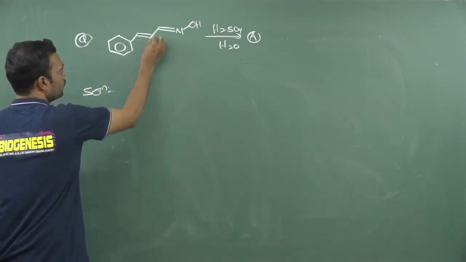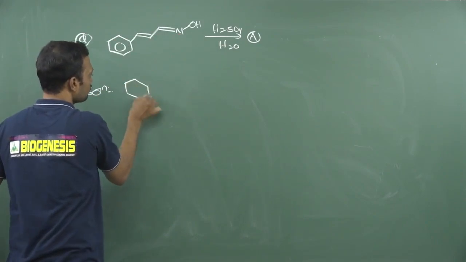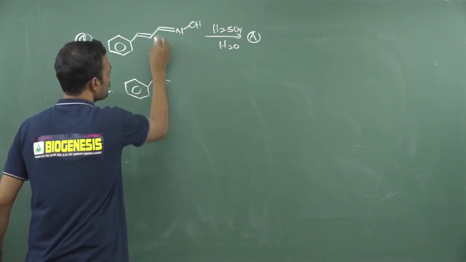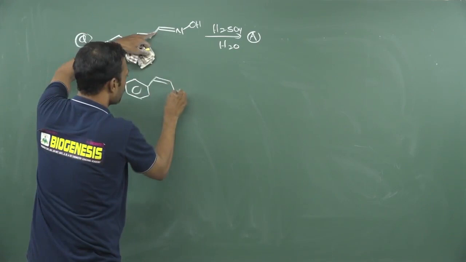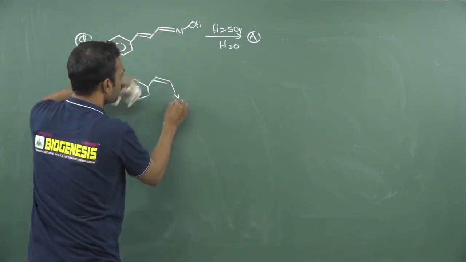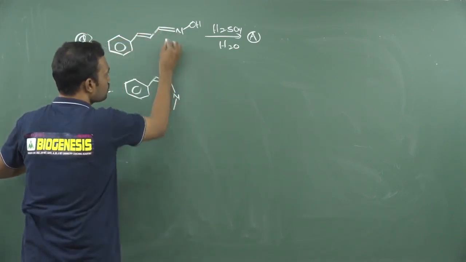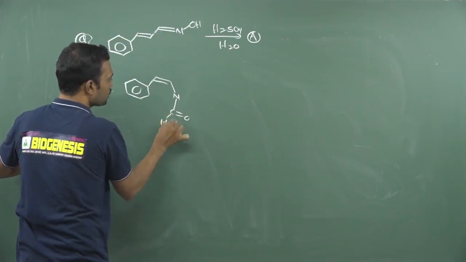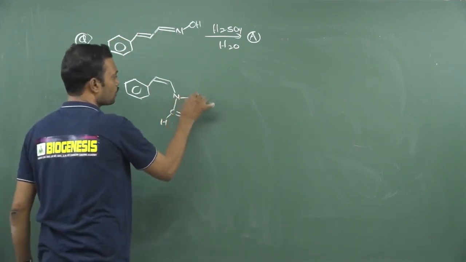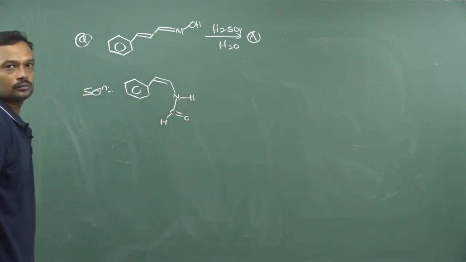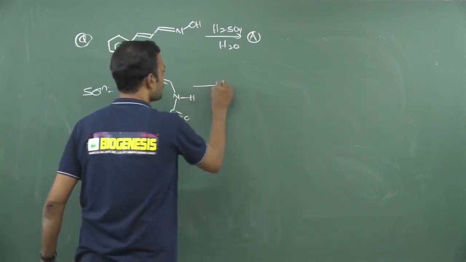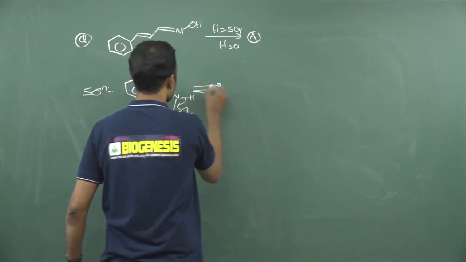See, this bond will attach on nitrogen after participation. This is simply connected to nitrogen, nitrogen connected to carbon. So this carbon carries C double bond OH, and this will carry hydrogen. I already explained this point. After getting this, it will show keto-enol tautomerism.